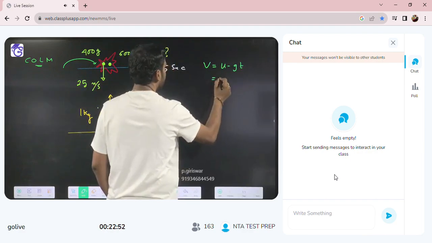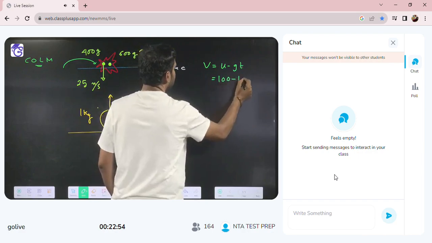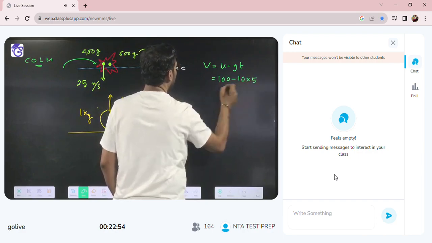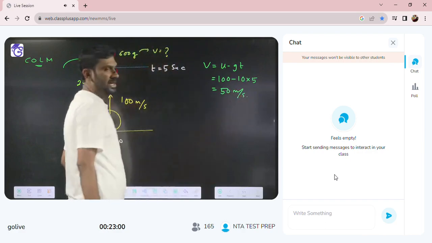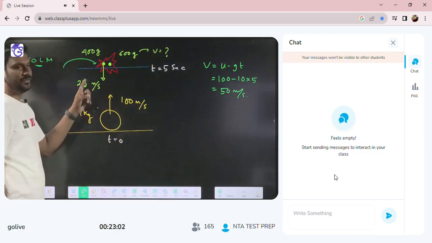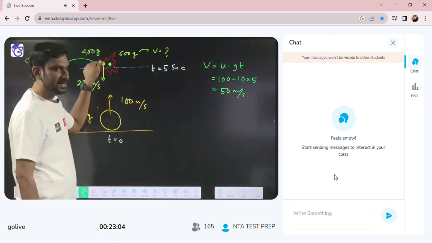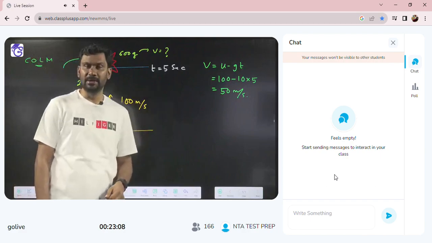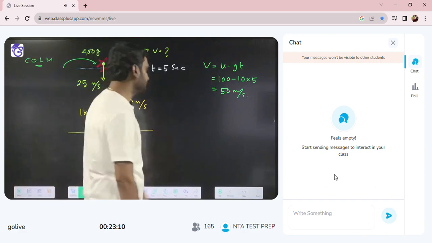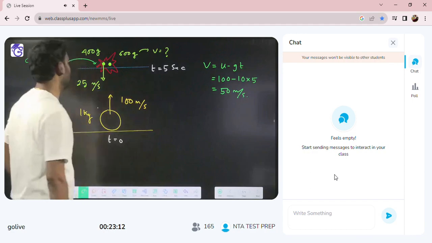What is u here? u is 100 minus g into 10 into 5. This brings us the speed of the explosive at t equal to 5 is equal to 50 meter per second. Clear? Now we will do conservation of linear momentum.